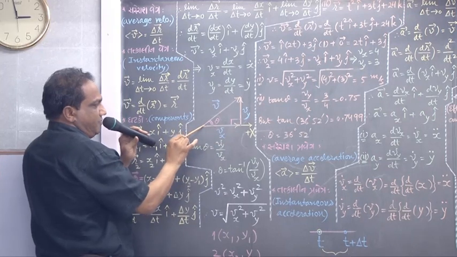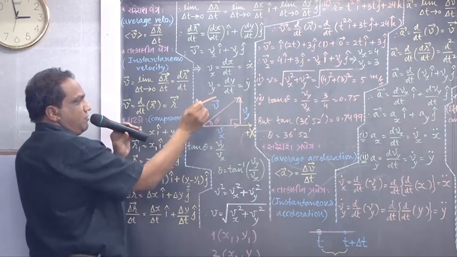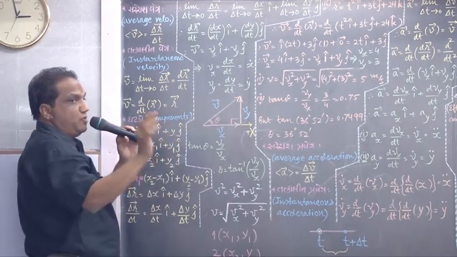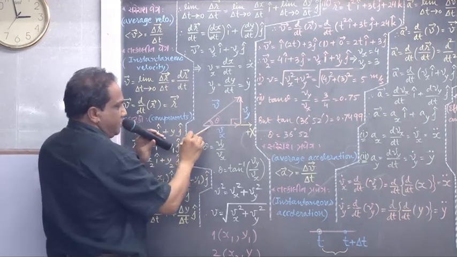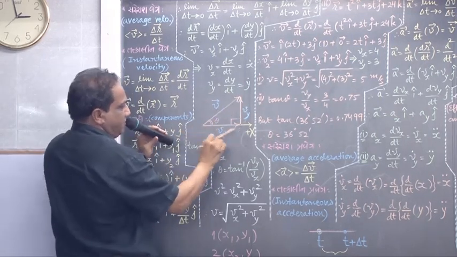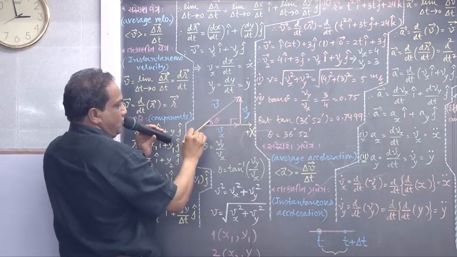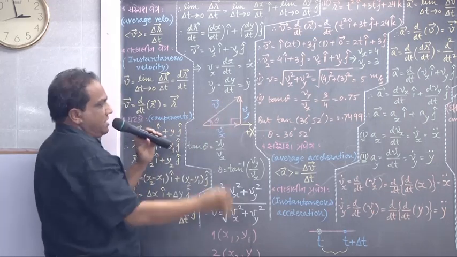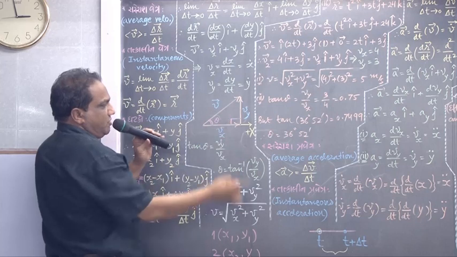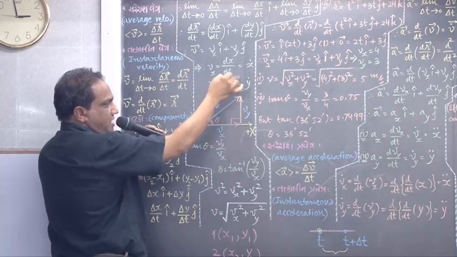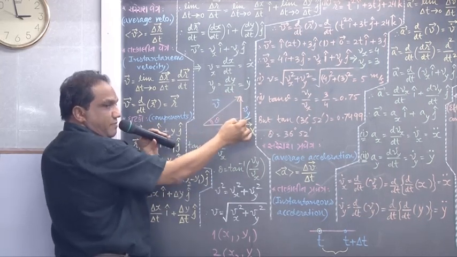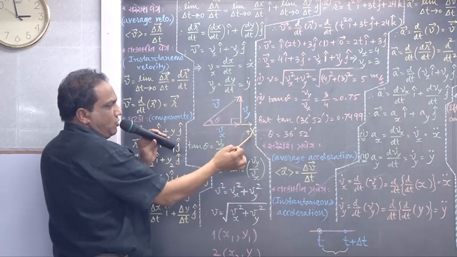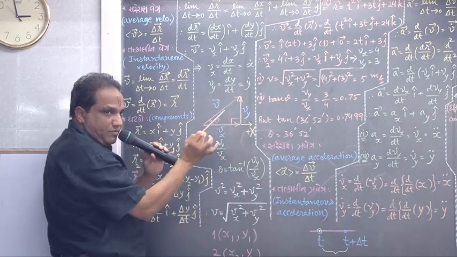Suppose vector v is in the xy plane, in this direction, and it makes angle theta with the positive x-axis. Now this vector can be resolved into two mutually perpendicular components. This is the component parallel to the y-axis, we call it the y component. This is the component parallel to the x-axis, we call it the x component.